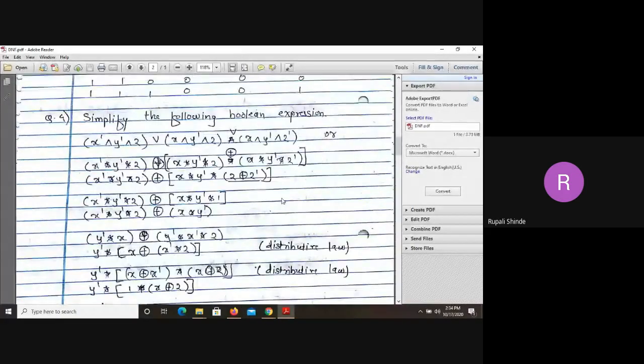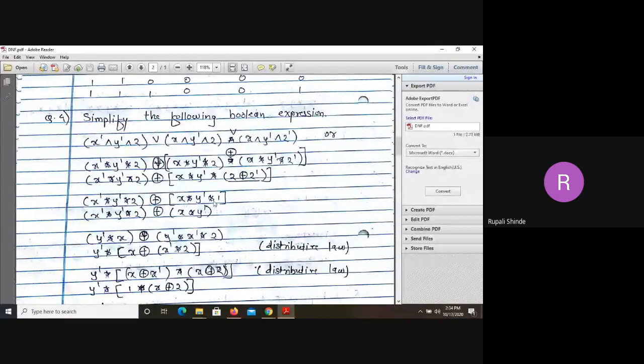So likewise, again based on this, they ask question for 4 marks. Simplify following Boolean expression. So at that time you have to apply distributive law, or you have to take whatever common part is there outside the bracket. Again you have to simplify. Just we have simplified here as Z plus Z complement. This one as 1.